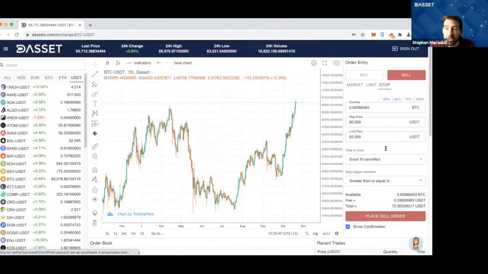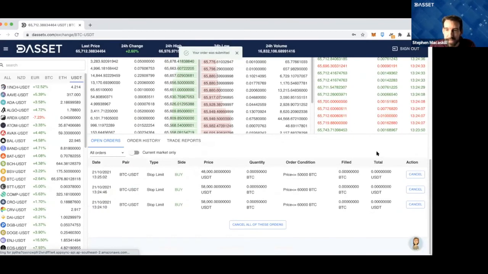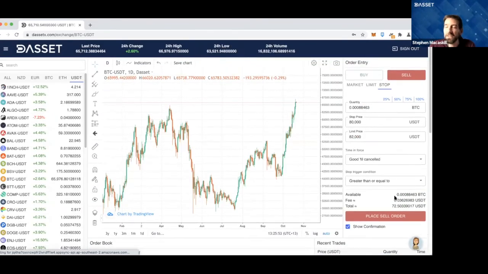And so now what I've done is I've created a band where if the price drops below a certain price, it'll sell. So it hedges my losses. If it goes up to a certain price, it sells so I can lock in my profits.